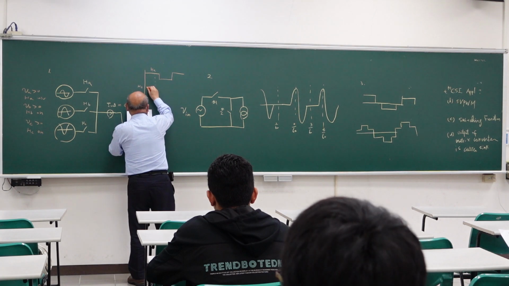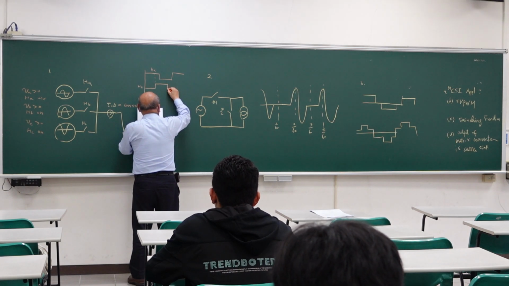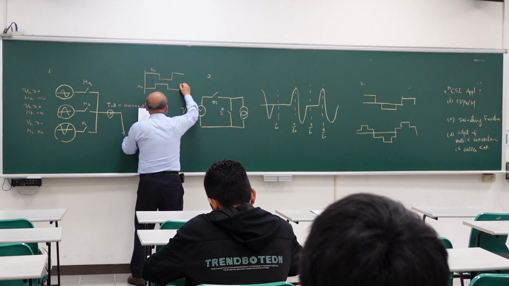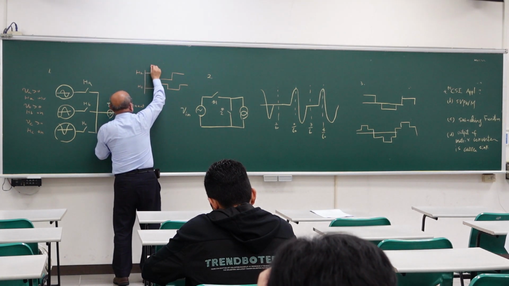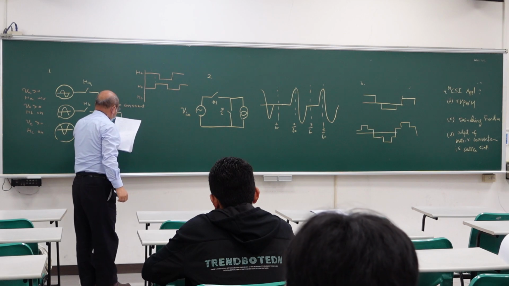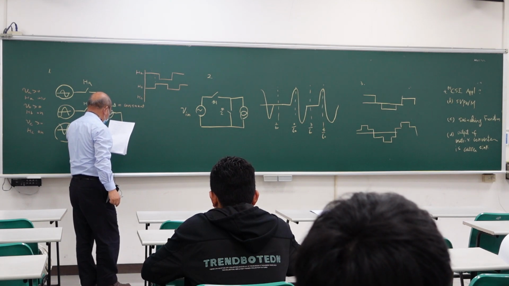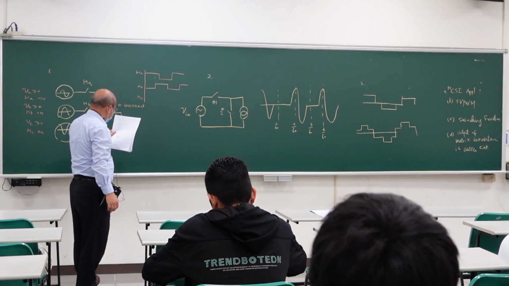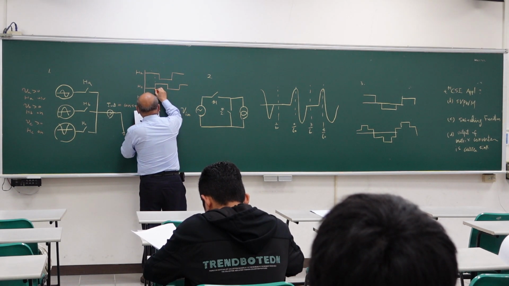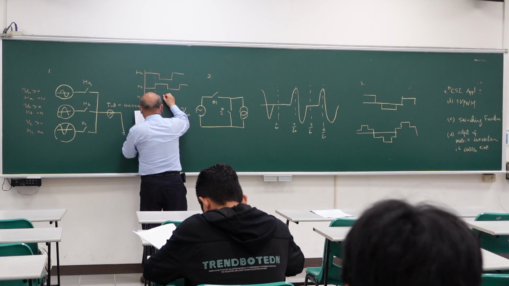So HB should be turned on here, and turn off here, and turn on again. So this is HA, HB, and HC. HC should delay HB 120 degrees or advance HA 120 degrees. So then we can join here. We have to lag 120 degrees. So you turn on here.